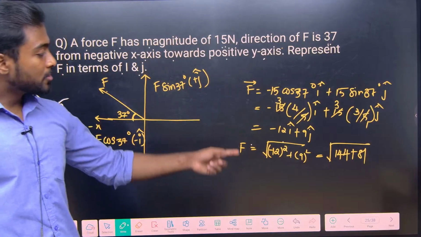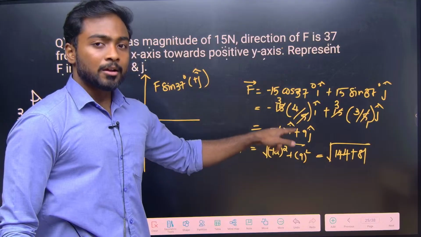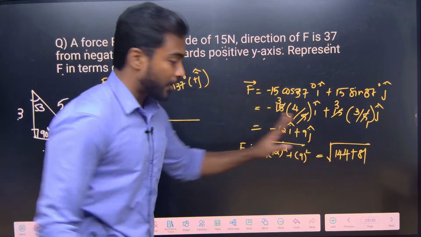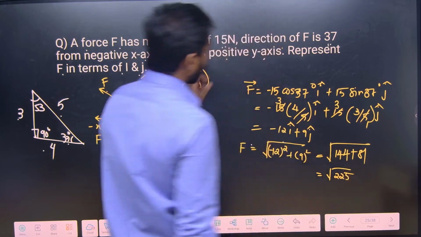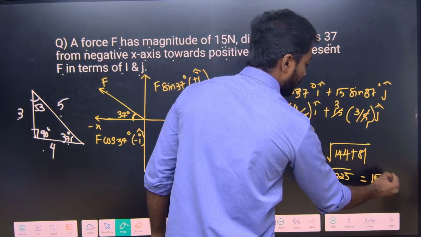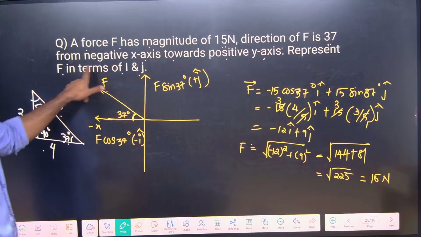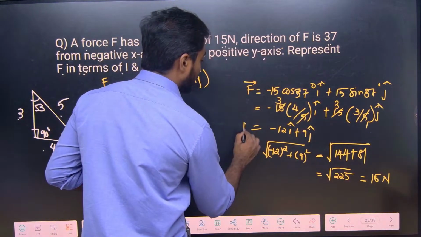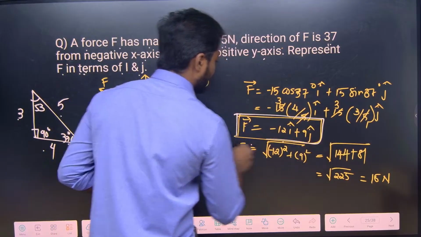How much? 140 plus 80 is 220, so 225. 15 square is 225, so I am getting the answer, that is 15 Newton. That's it. And what they have asked in terms of x and y, this is the answer.